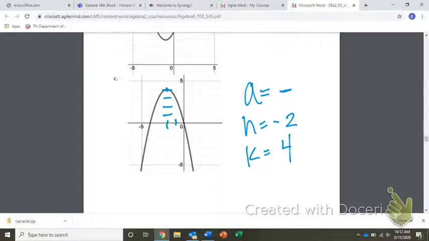4. Now, does that graph look any taller or any wider than x squared? No, so it's just a negative 1. And it's negative because it is flipped. So I'm plugging in my values.